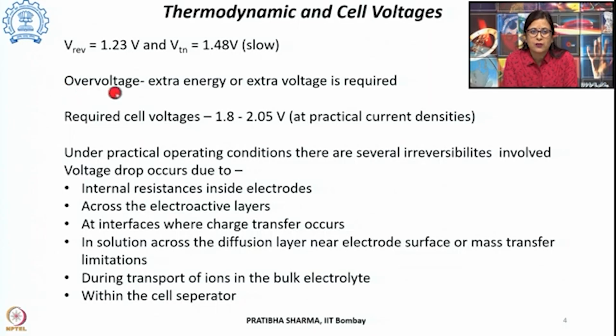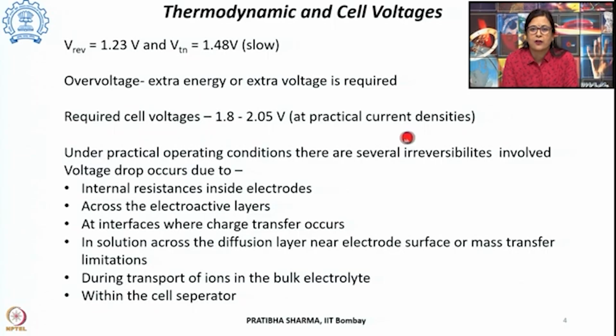There are two reasons for the existence of this overvoltage. One is the low conductivity of water, which can be increased by adding salts, acids or bases. The other is the large activation energy barrier for the splitting of water, and that can be addressed by appropriate selection of electrocatalysts.